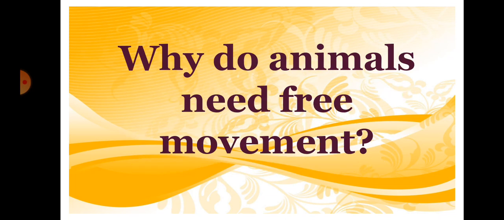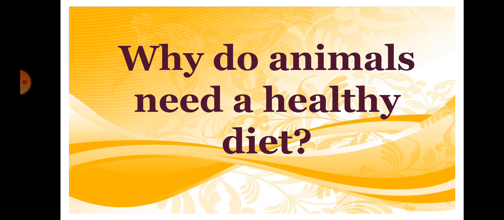Now what about free movement of the animal? Free movement and a nutritious diet will help the farmer to develop healthy animals. There are times when different kinds of diseases also happen to animals, for example when a healthy diet is not provided.